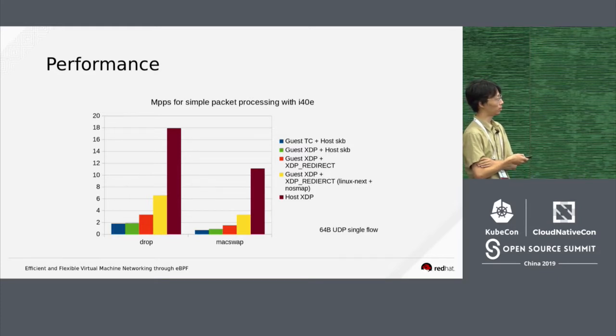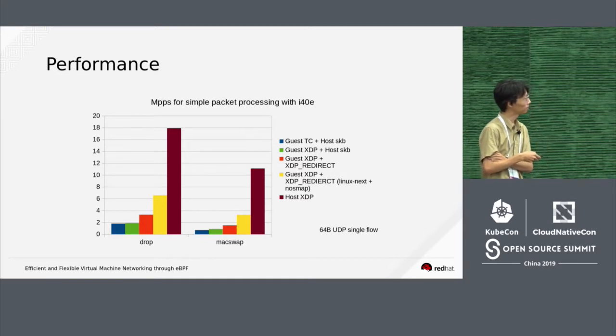First, the guest TC and traditional host XDP data path. So we can see the performance is not very good, and it's basically the lowest. It's less than 2 Mpps. And the second is we replaced it with guest XDP, so we improved the performance slightly. And the third is that we're doing the guest XDP fast redirect on the host, and the performance has been improved dramatically.